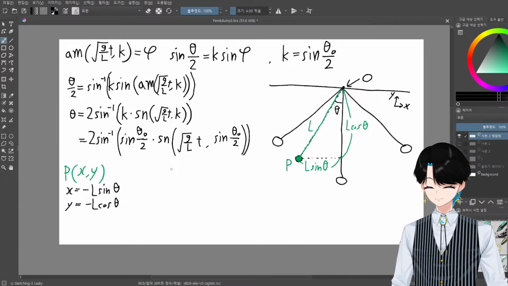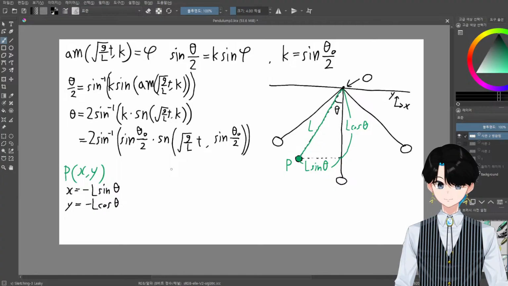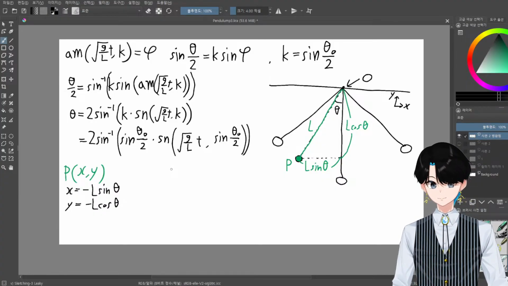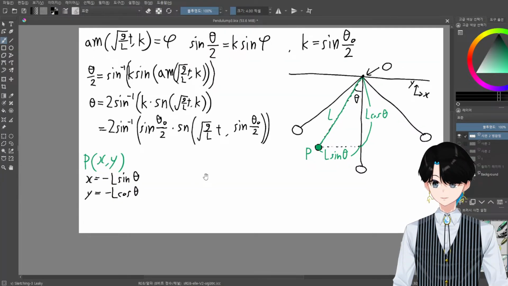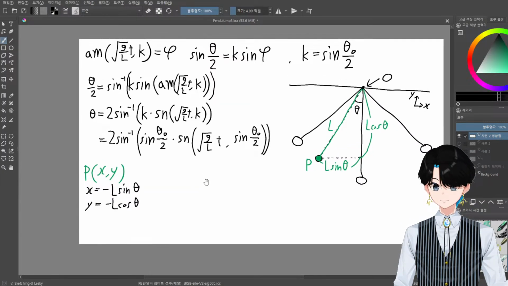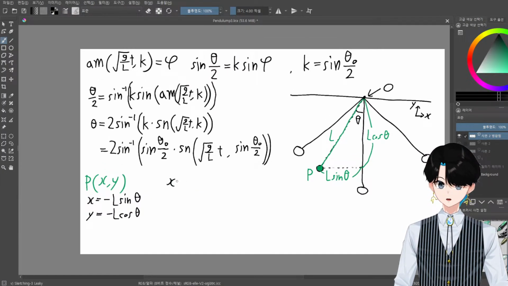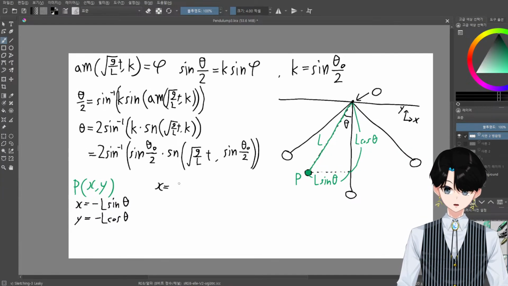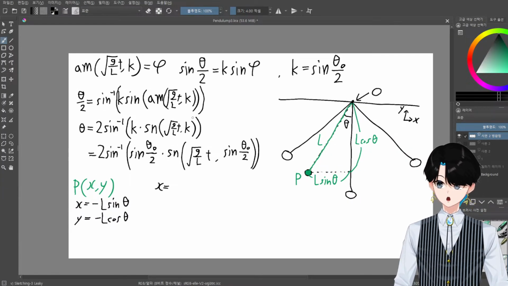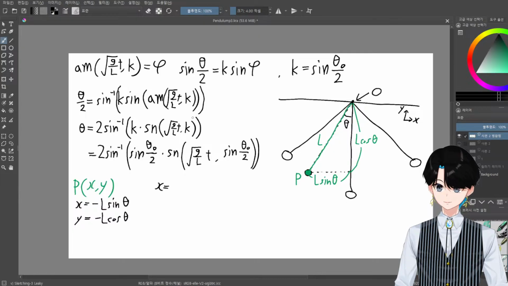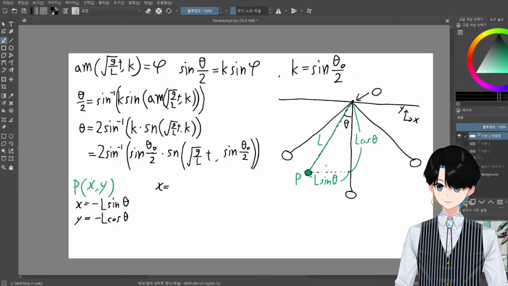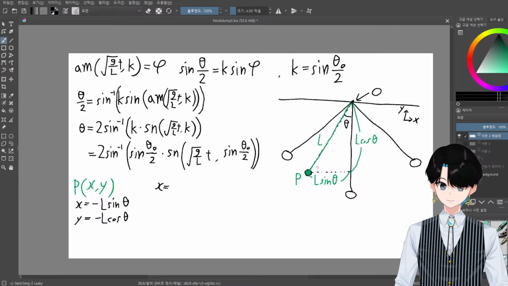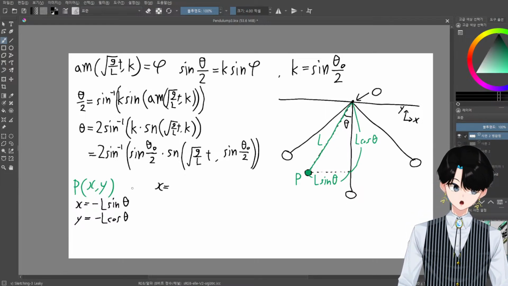Now, this would be very interesting. X is minus L sine theta. And no, minus L sine theta. Minus L cosine theta. Minus L sine theta.